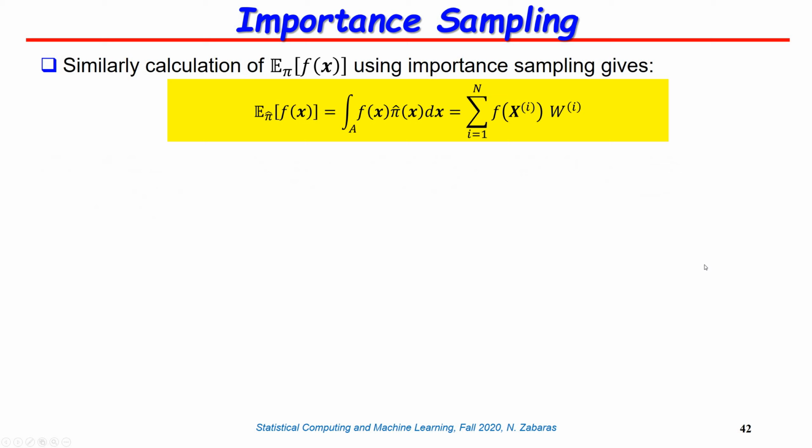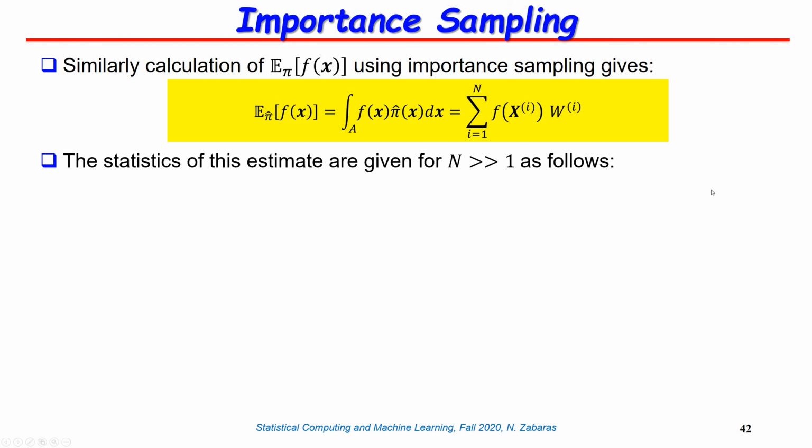Okay, and again, as I mentioned before, if you want to test it, take the expectation of f of x under this empirical measure pi hat that we computed before, and it turns out that is nothing else but the sum of f of xi times Wi. Again, we are accounting for this discrepancy with these weights Wi.